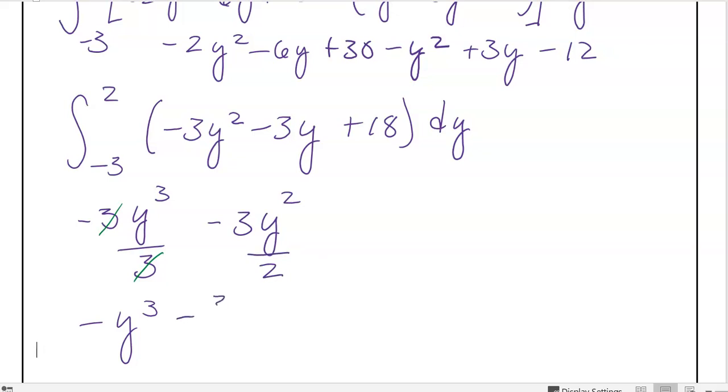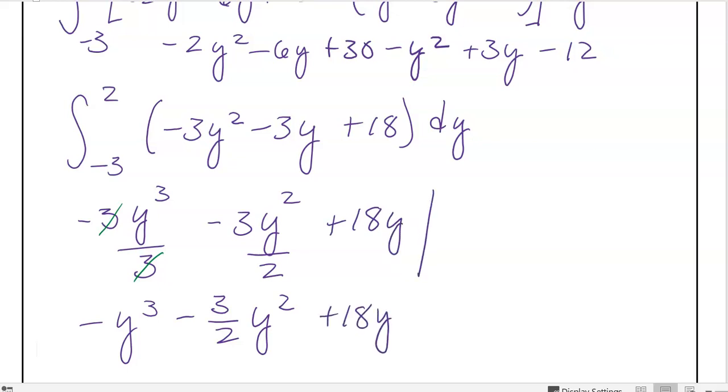This will, of course, remain negative 3/2 y squared. The final term from the integrand becomes plus 18y, which also will not change. All of these need to be integrated between the limits of integration, which are negative 3 to 2.